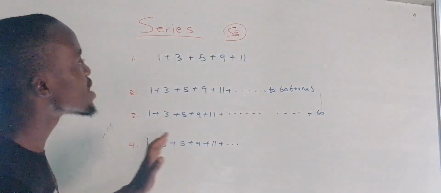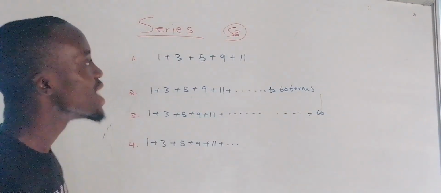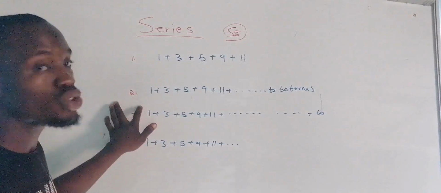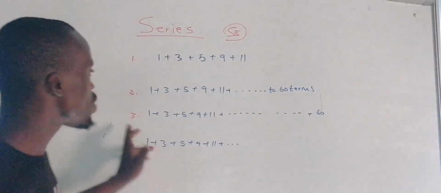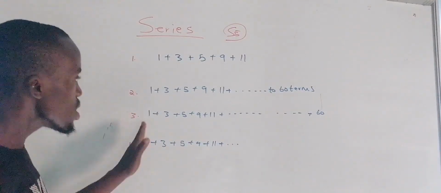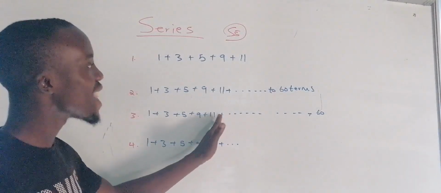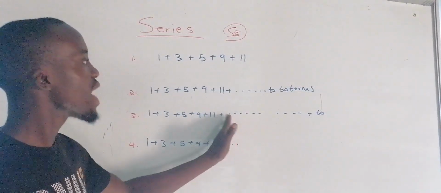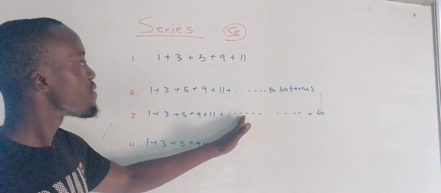So they added those numbers up to 60 terms, meaning that the number of terms in option 2 is 60. Let me just explain this so you can understand option number 2. They added 1, 3, 5, 9, 11. Then they added 13 and the following numbers.